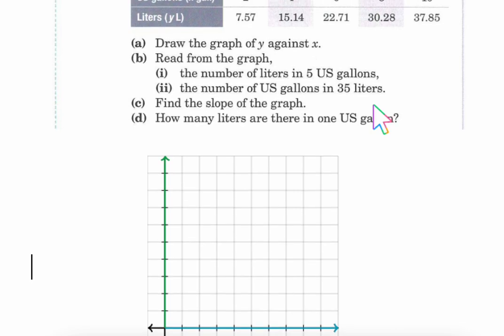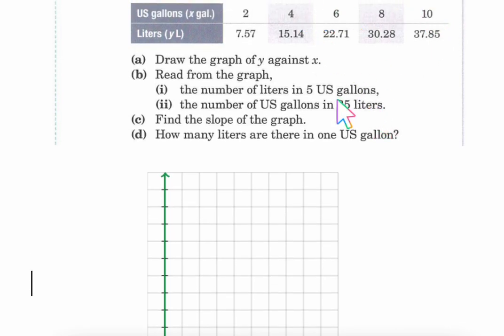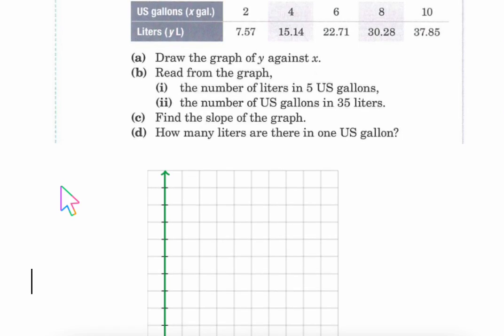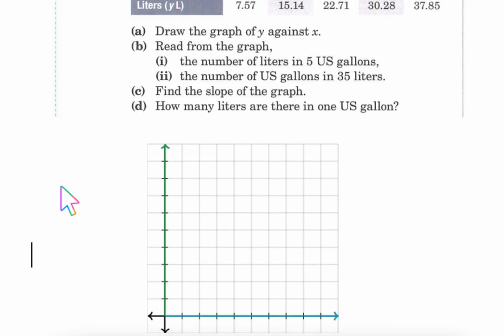So this is 2, 4, 6, 8, and 10. I'm trying to scroll down so I have space to still read my table. All right, they said the Y is liters, and the X is gallons.